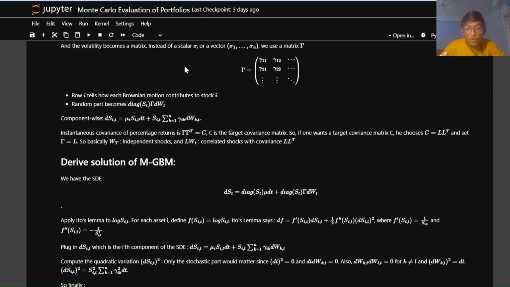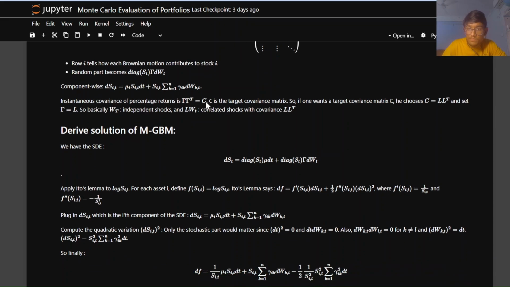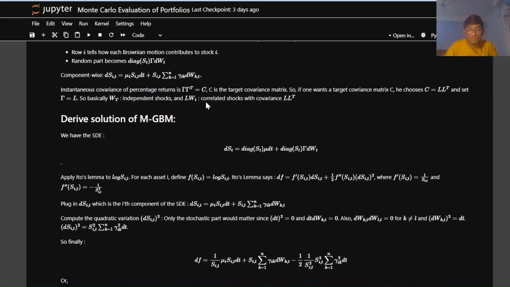We will not be coding for it, but we'll be calling this function from the linear algebra module in NumPy. So just to reiterate, Wt is a column vector whose elements are independent shocks, and gamma Wt, which is the matrix multiplication of gamma and Wt, gives us the correlated shocks whose covariance is gamma gamma transpose. So now let's derive the solution for M-GBM.